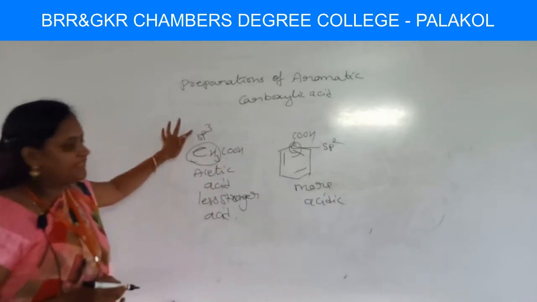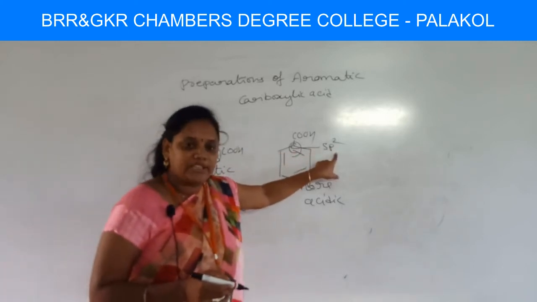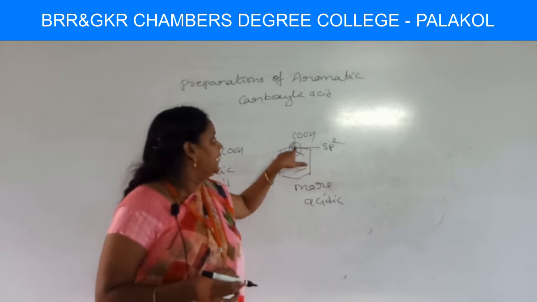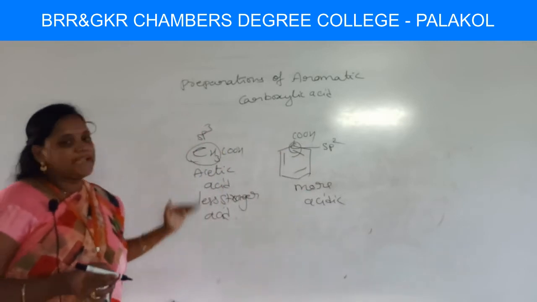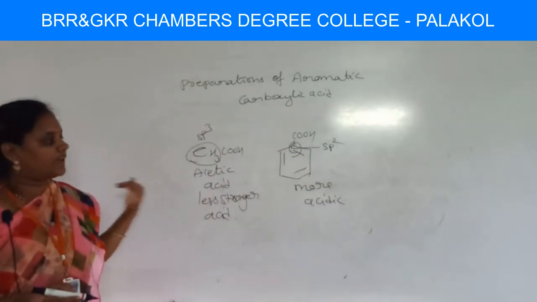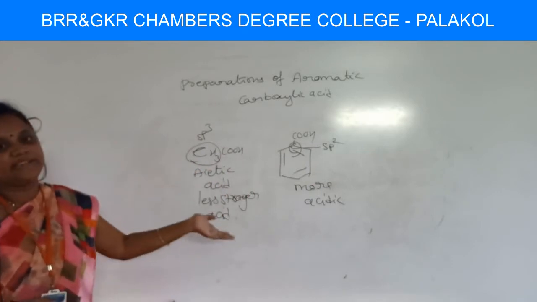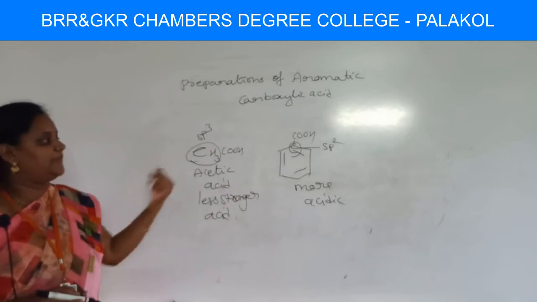Here an sp3 carbon is attached. Here an sp2 carbon is attached. So this is more acidic when compared to acetic acid, which is a less strong acid than benzoic acid, because benzoic acid contains an sp2 carbon and acetic acid contains an sp3 carbon.